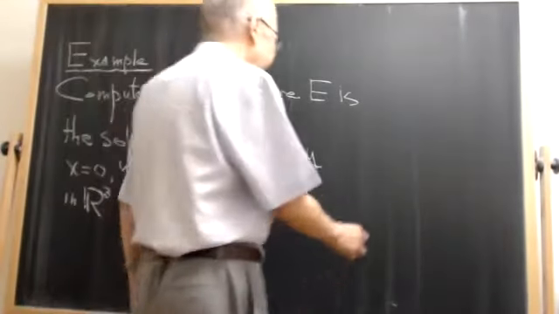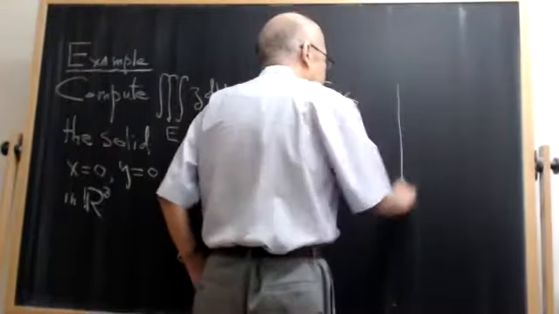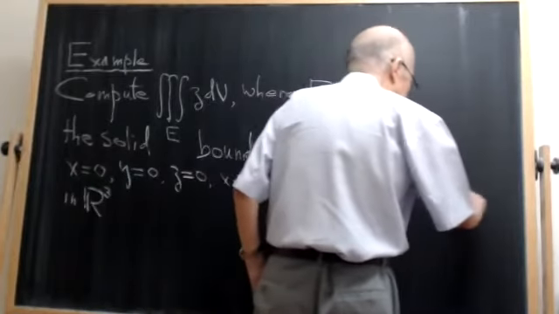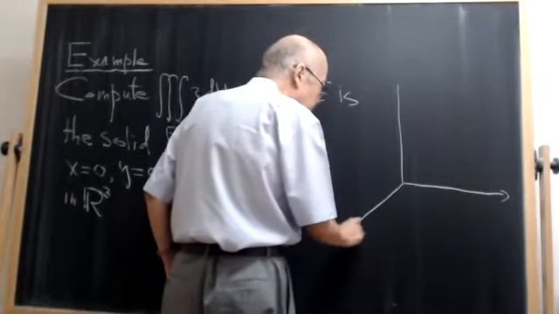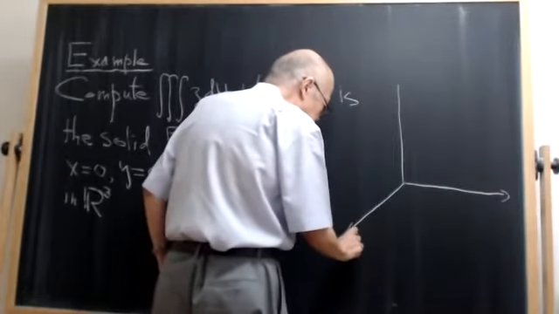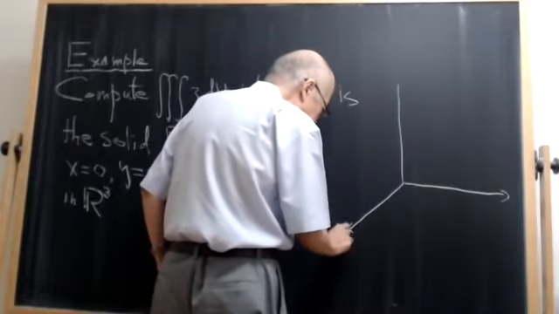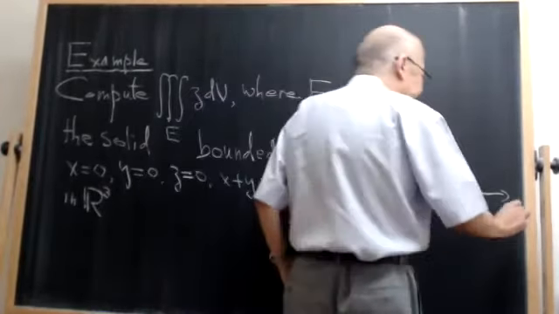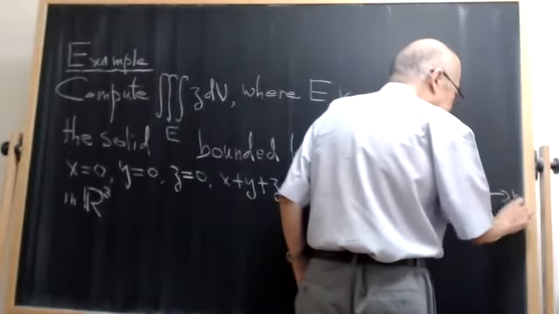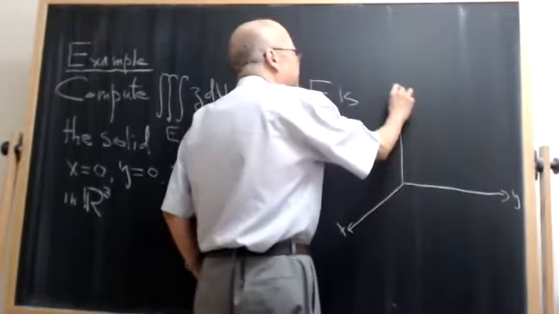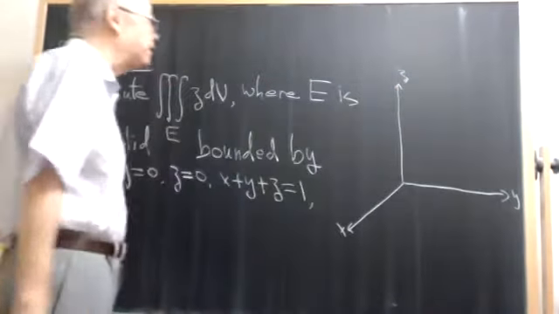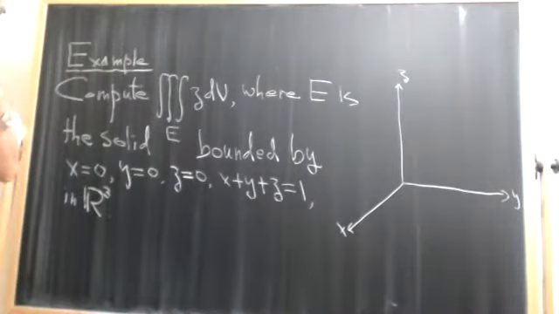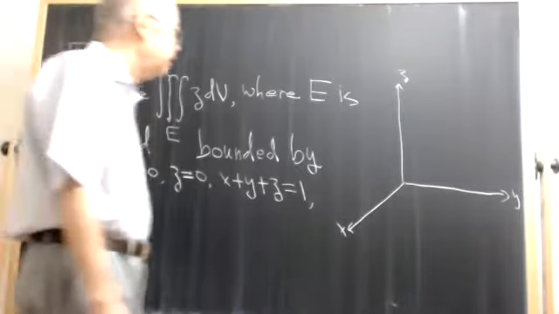So let's draw the solid. So we have R3, the x, y, z space.